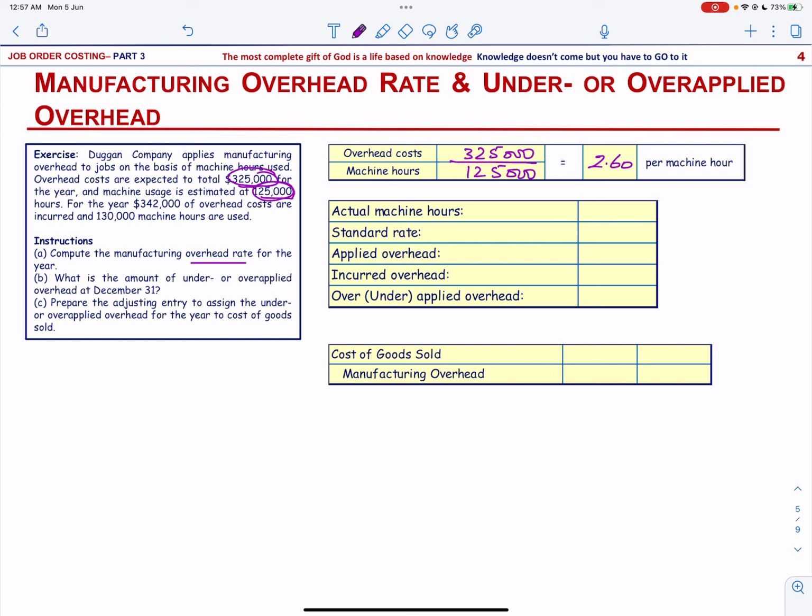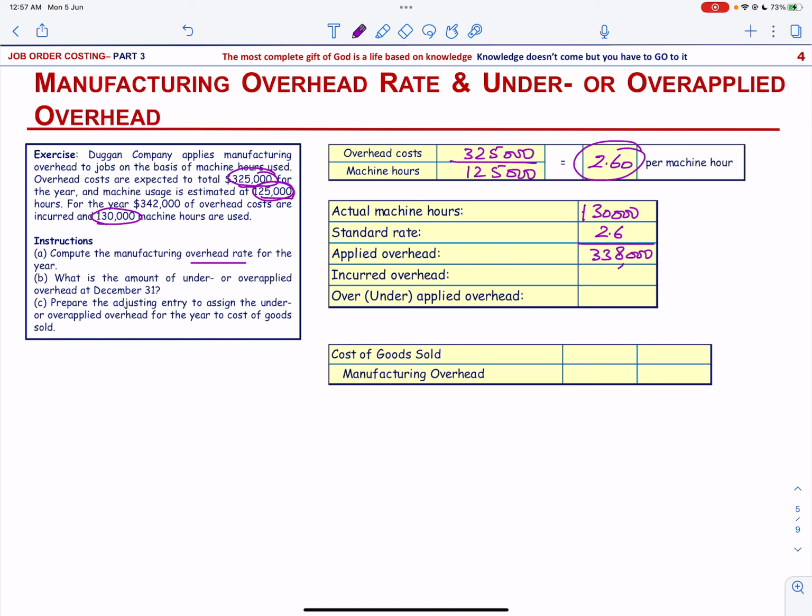Now actual machine hours used is 130,000, and we will multiply by the standard rate, that is 2.6, and this is the cost that we have applied for overhead.